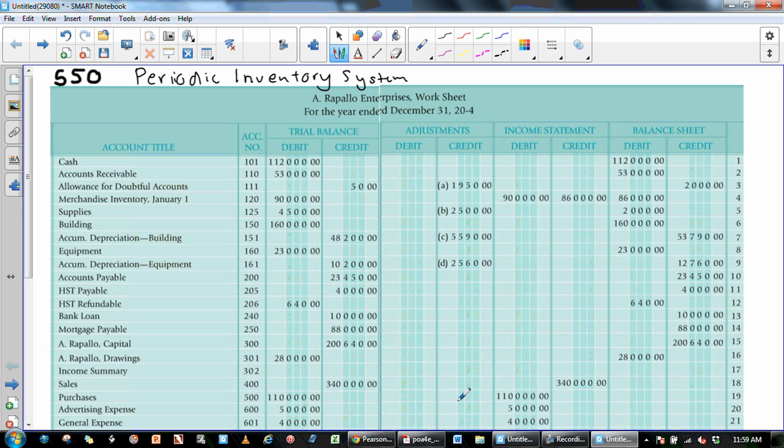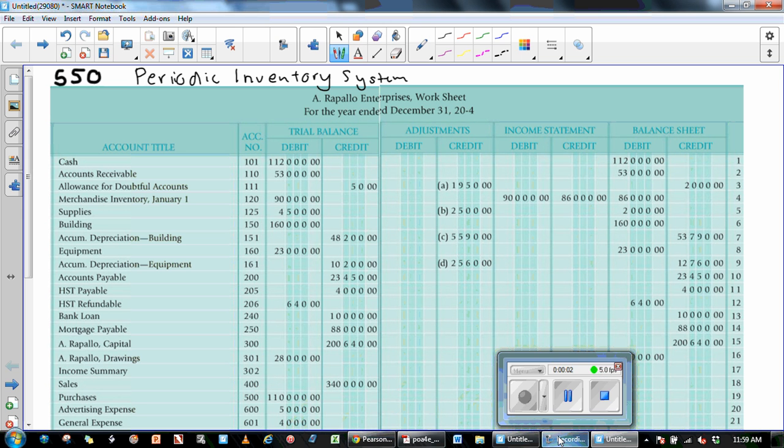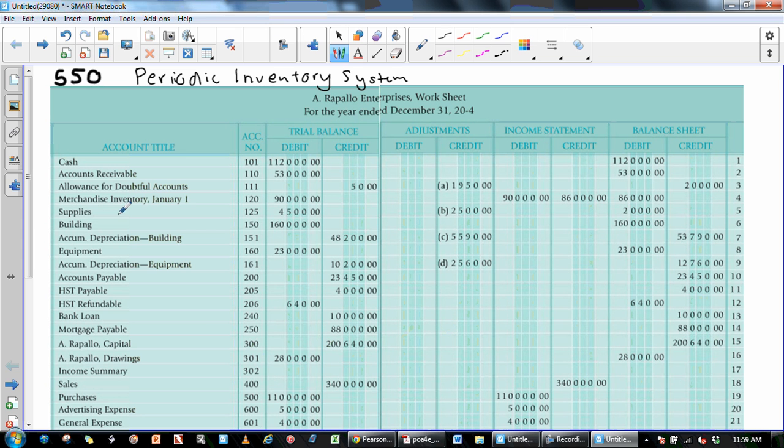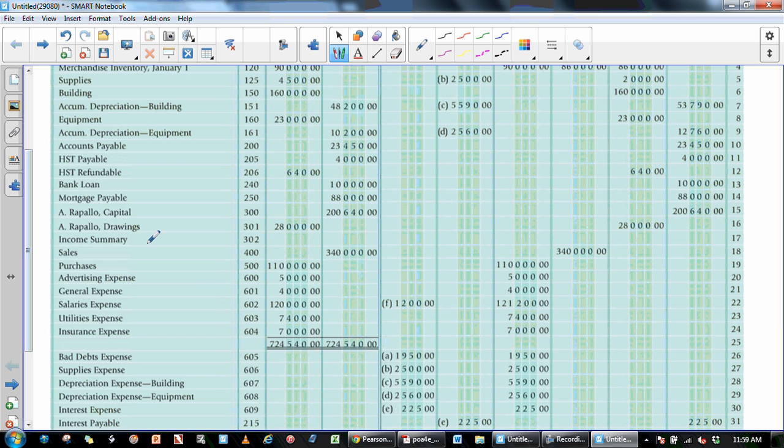All right, so let's look at our closing entries. So first, we close down all of our revenue accounts. So here, where are my revenue accounts? I have in the 400s just sales. This is my only revenue account.